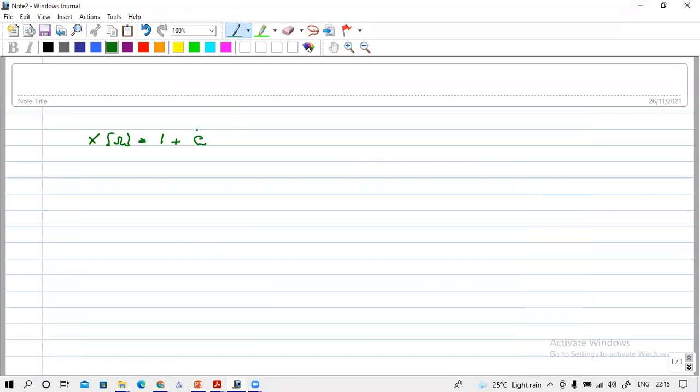Okay, e to the power minus j omega plus e to the power 2j omega plus e to the power 3j omega plus e to the power minus 4j omega. So this is the term we get, no? Okay, so there is an identity like this.